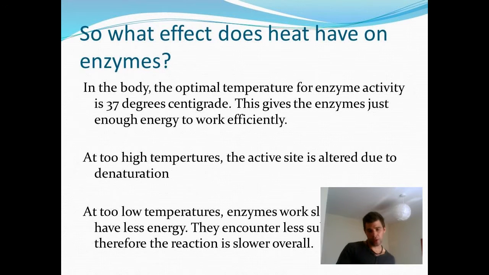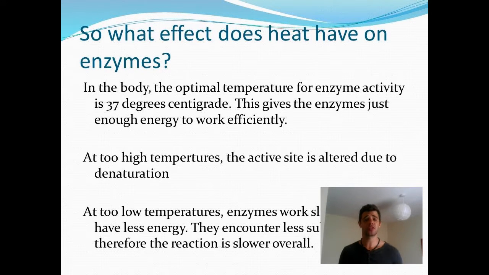Now when you go the other way and you get too little temperature, something that's too cold, enzymes will be given less energy. If they've got less energy, they'll be moving slower. Now fundamental reaction theory suggests that reactions occur when two molecules collide. And in order to collide, they've got to be moving. Now the slower they're moving, the less collisions are going to occur.